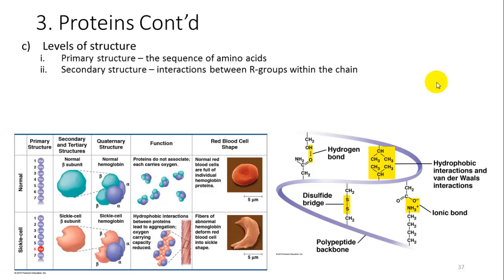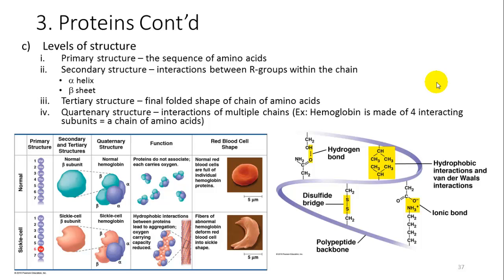The secondary structure then, once you have that string of amino acids, is interactions between R groups within the chain, and they can form bonds, they can form large structures called an alpha helix or a beta sheet, and that's the secondary structure. The tertiary structure then is the final folded shape after all these secondary structures are put together. And then finally, quaternary structure is interactions of multiple chains. So hemoglobin actually has 4 interacting subunits, with the same or different tertiary structures, which then come together to form hemoglobin.